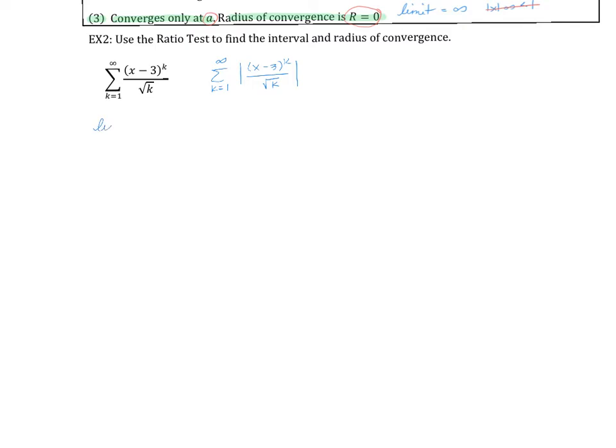So when we take the limit, as k goes to infinity, of the absolute value of the k plus 1 term over the k term, it's going to be x minus 3 to the k plus 1 divided by the square root of the k plus 1 term, all over x minus 3 to the k over the square root of k.